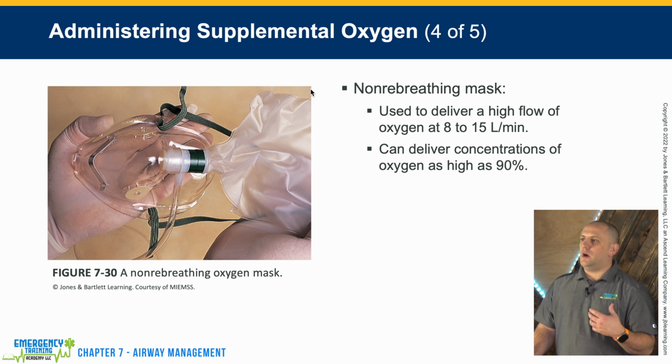For the reservoir mask, these need to have a flow high enough in order for that reservoir bag to stay inflated. These can deliver concentrations of up to 90%, depending on how it is sealed off.